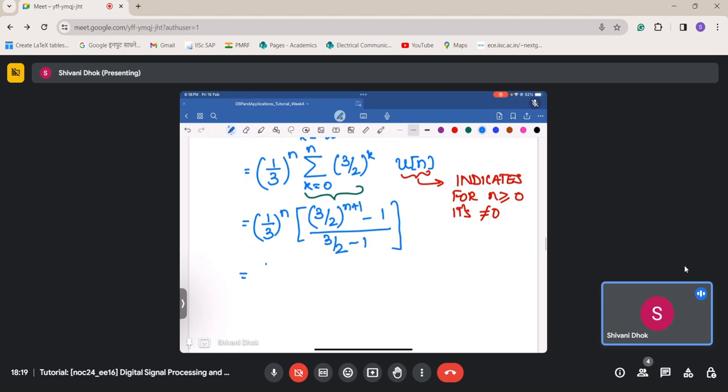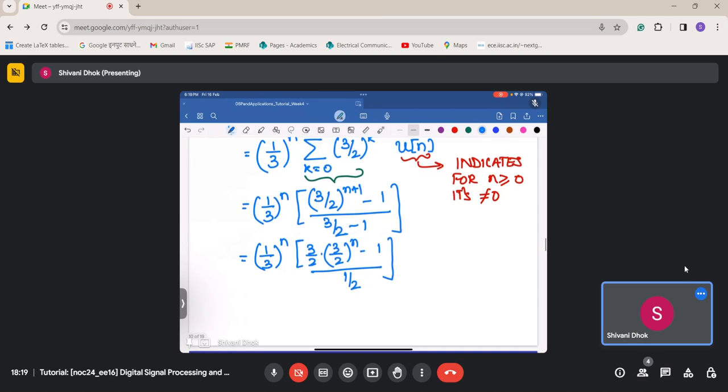So this thing here is 1 by 3 to the power n. Inside the bracket, I can write this as 3 by 2 into 3 by 2 to the power n minus 1 upon 1 by 2. So if I simplify, this thing here is 3 into 1 by 2.